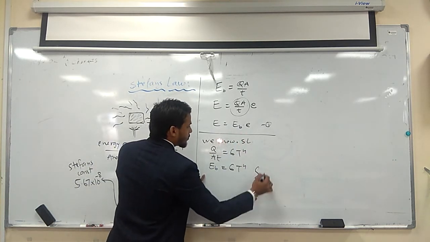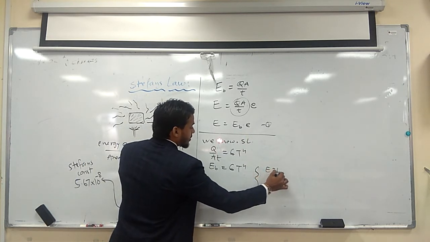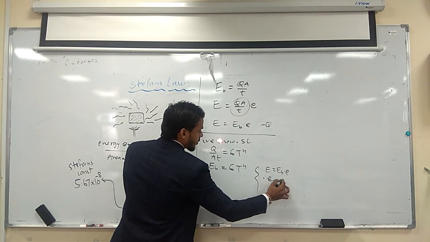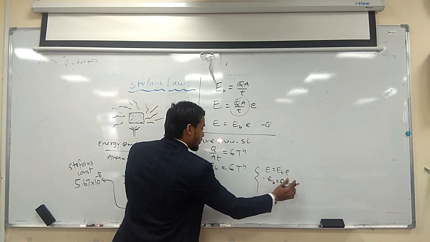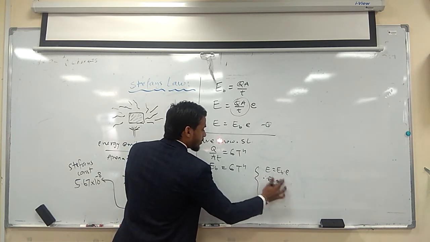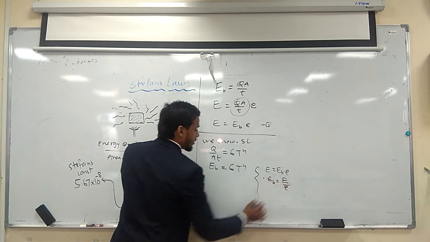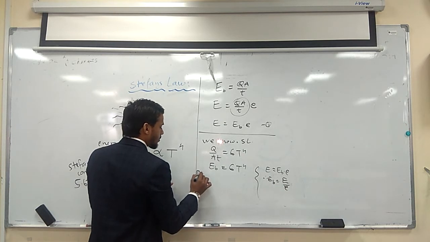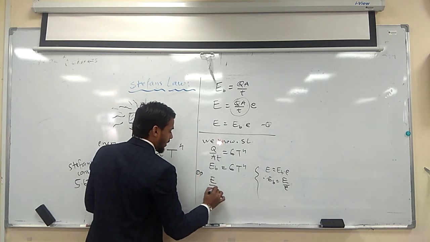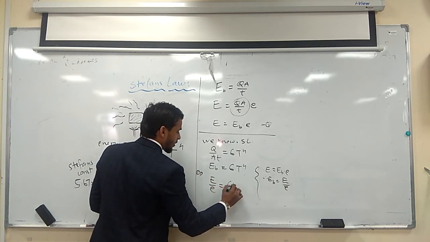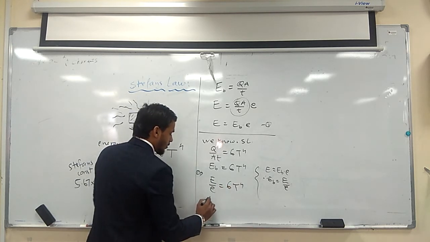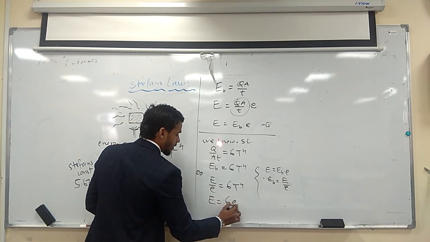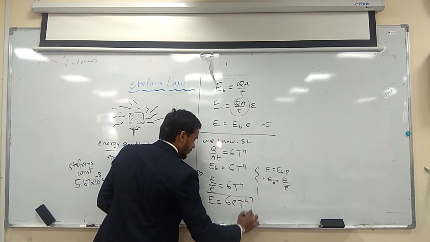According to equation 1, we know that E is equal to E_B into e. That's why E_B will be equal to capital E by small e. Can I put this value here? So using equation 1, I can say E by e is equal to sigma T power 4. That's why E is equal to sigma into e into T power 4.